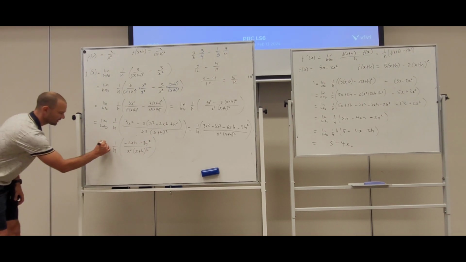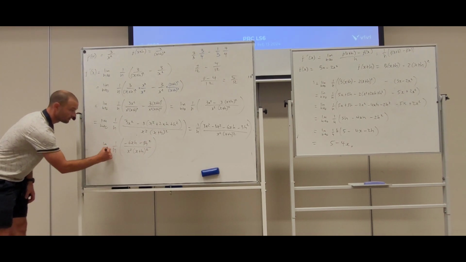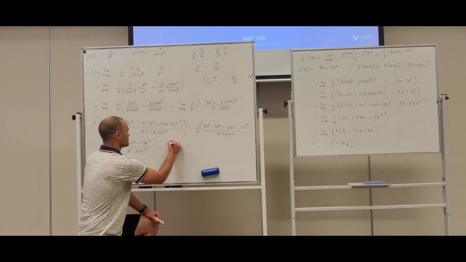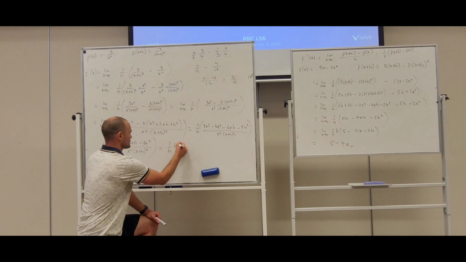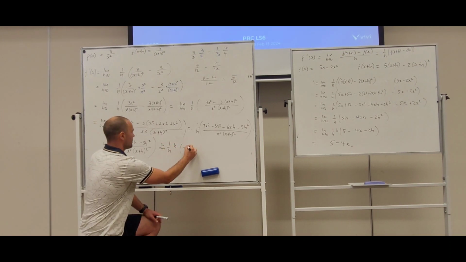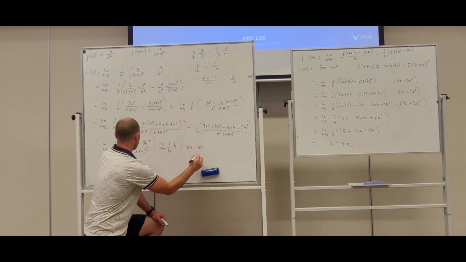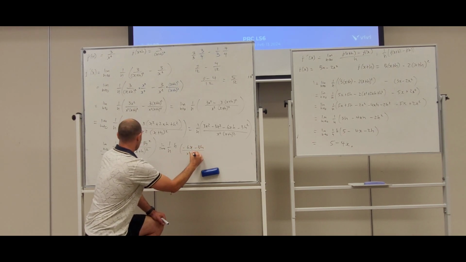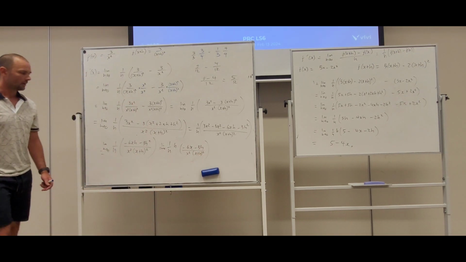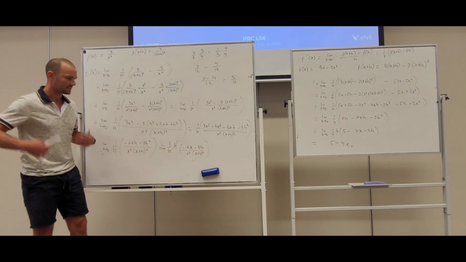Don't forget your limit. Factorise h, as we've done. Limit as h approaches 0, 1 on h, factorise h, minus 6x, take 3h. I said leave the denominator. That will cancel.